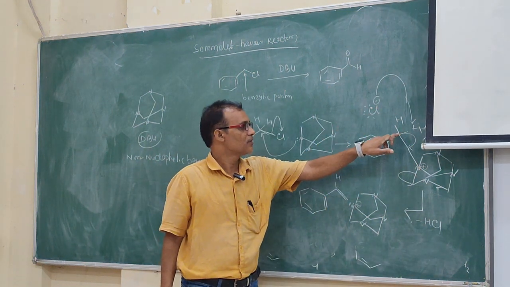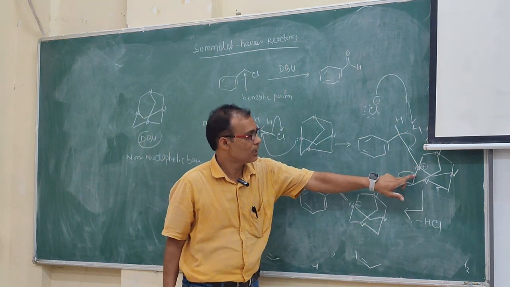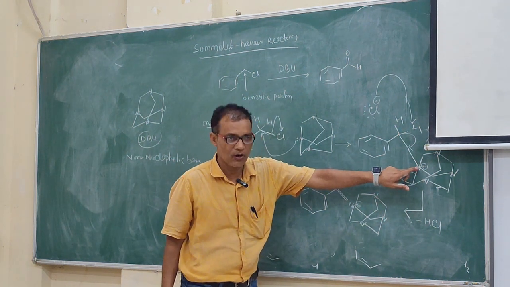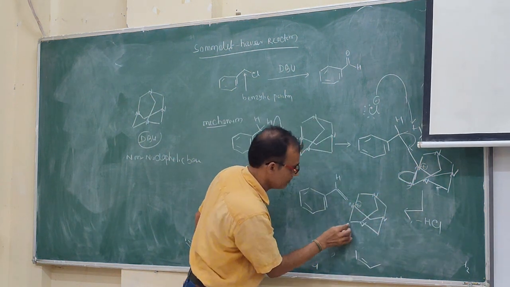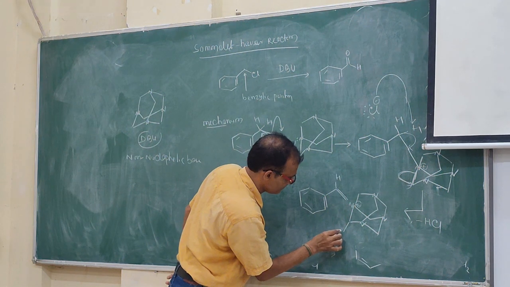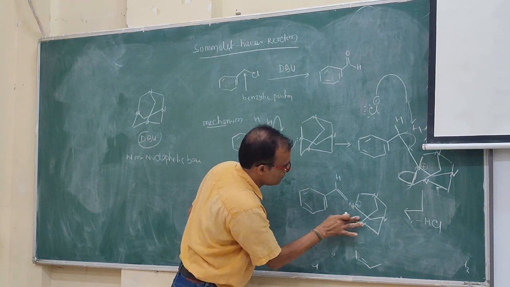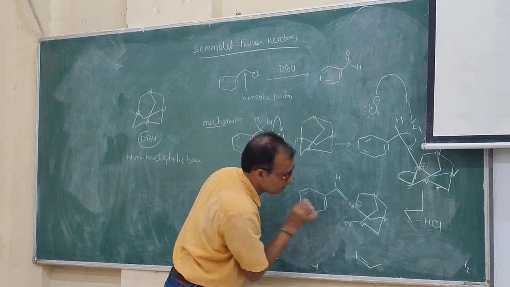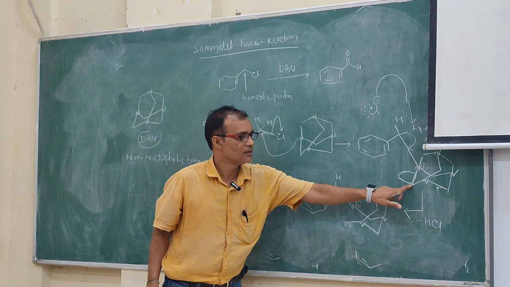This minus will migrate to here, as a bond pair. So now the nitrogen will be overloaded. So this bond will break and this will be deposited here. So now minus. This bond here breaks here.